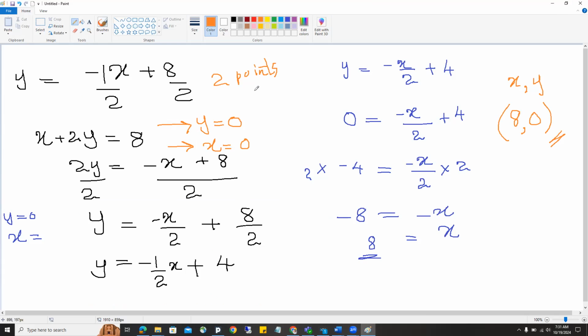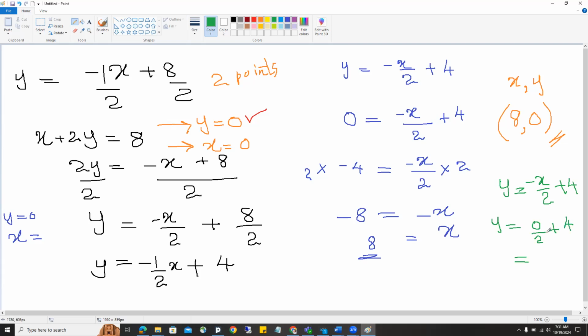To find this coordinate, what we did was equalize y as 0. Now we have to make x as 0. Here we use the same equation: y equals minus x over 2 plus 4. Here x becomes 0, so y equals 0 over 2 plus 4.